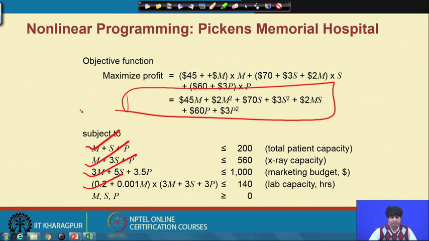Like the previous case, we have an objective function. So, what will you do? Since it is actually a 3 variable case, graphically it is a little bit complex to get the solution. If it is a 2 variable case, even with nonlinearity, we can still look for the optimal solution by graphical methods.